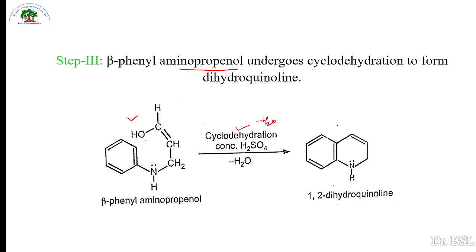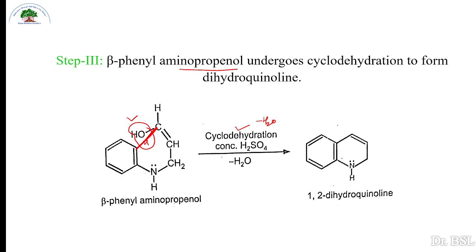Here, one hydrogen from this ring and this OH will eliminate to give rise to a six-membered cyclic ring, and we get 1,2-dihydroquinoline.